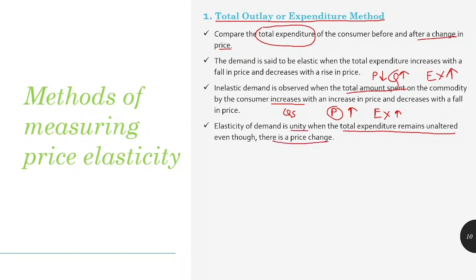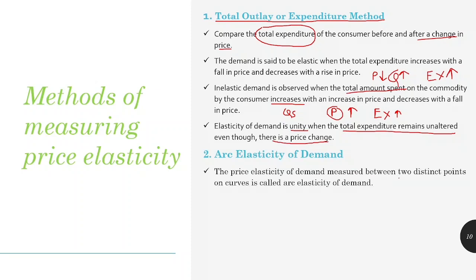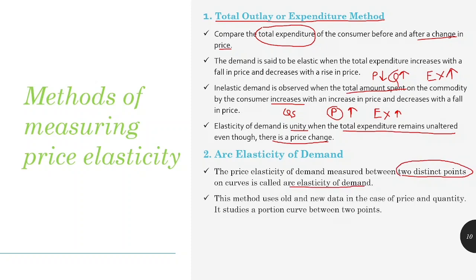Okay. So the second one is arc elasticity of demand. Here elasticity is measured by taking 2 points, and we find the elasticity. So it takes old data and new data, in case of prices the new price and old price, new quantity and old quantity, and then there is a formula to find the price elasticity.